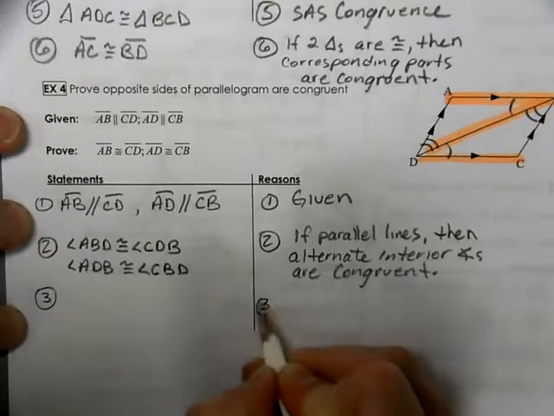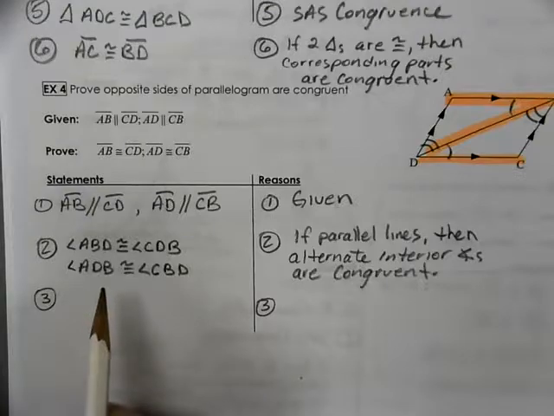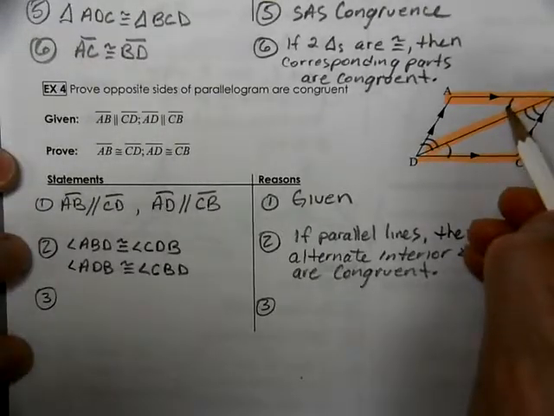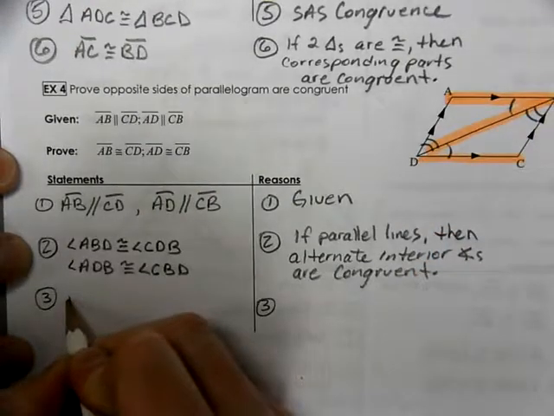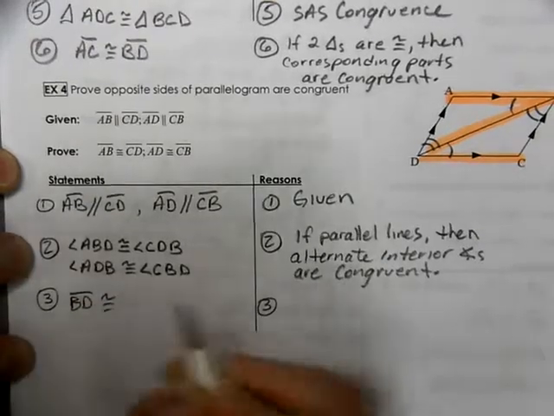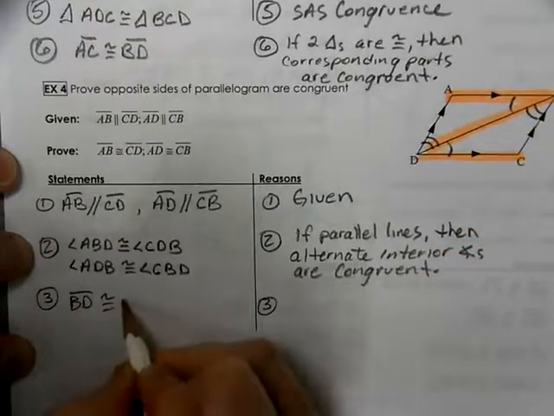Okay, what's our next step? We've talked about some angles. We have to get a side in here. We'll go from the 1 tick mark to the 2 tick mark, DB. That's actually BD. And that's from the 1 tick mark to the 2 tick mark.